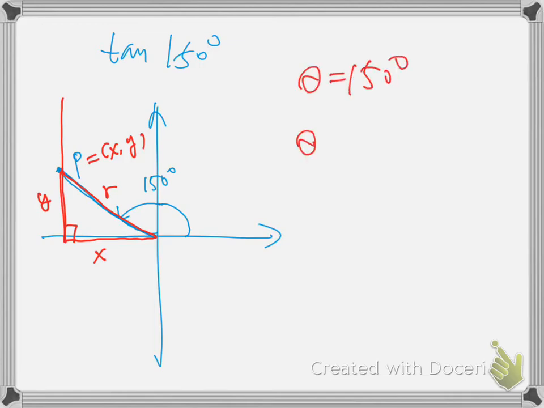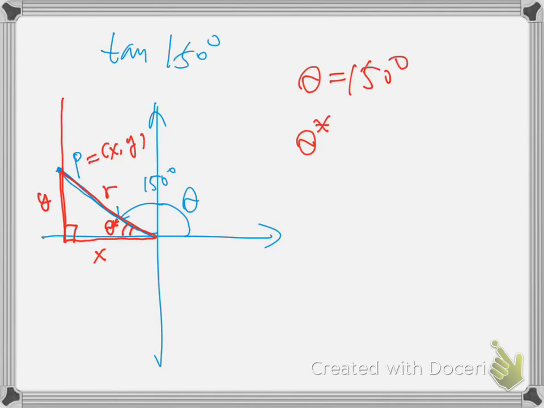We need to know the reference angle. What's the reference angle? The reference angle is the acute angle in the right triangle. So this is theta star. What's theta star? Theta star and this blue angle theta, if you add them together, you get a half circle.